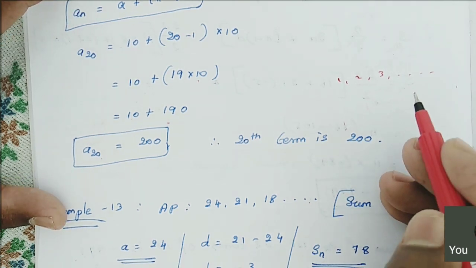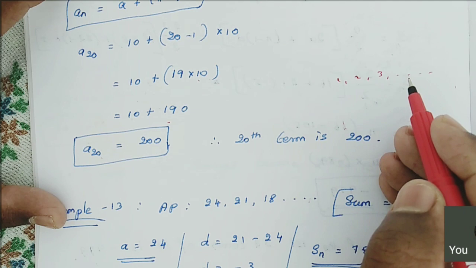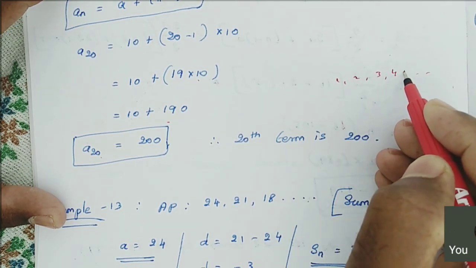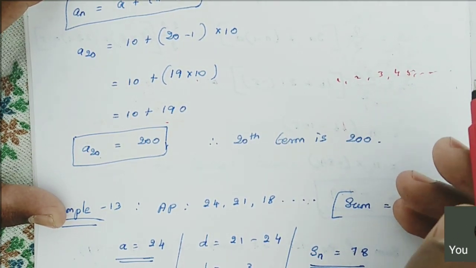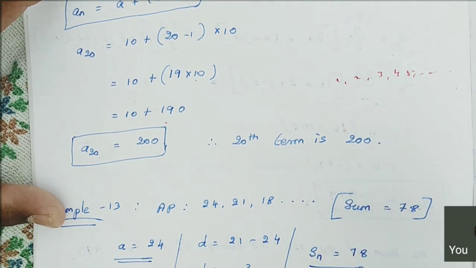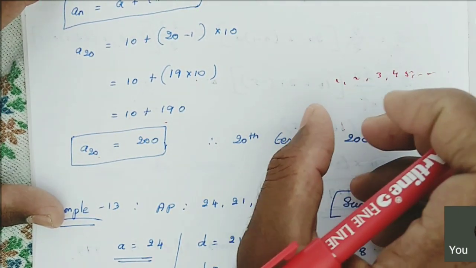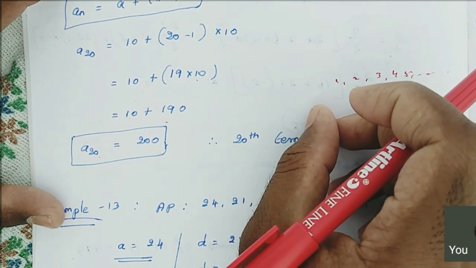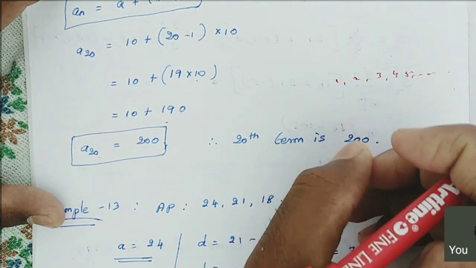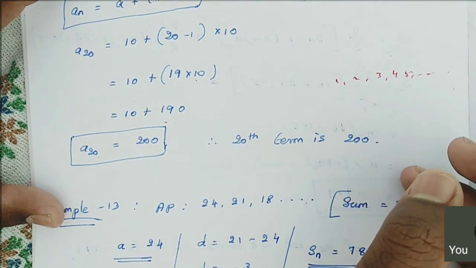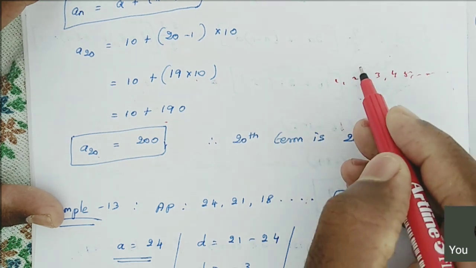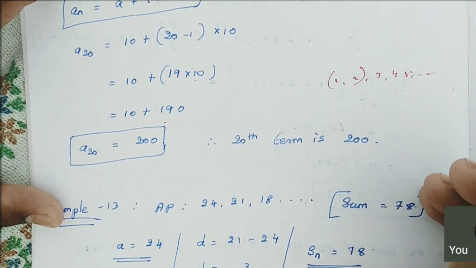In this AP, how many terms must be taken to get a sum of 3? Are you clear on my question? In this AP 1, 2, 3, 4, 5, how many terms must be taken so that the sum of the AP is 3? First two terms. Very good.